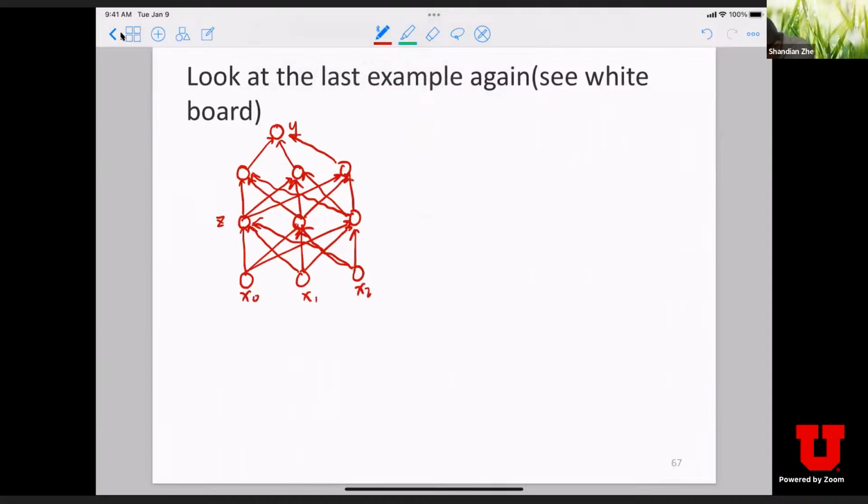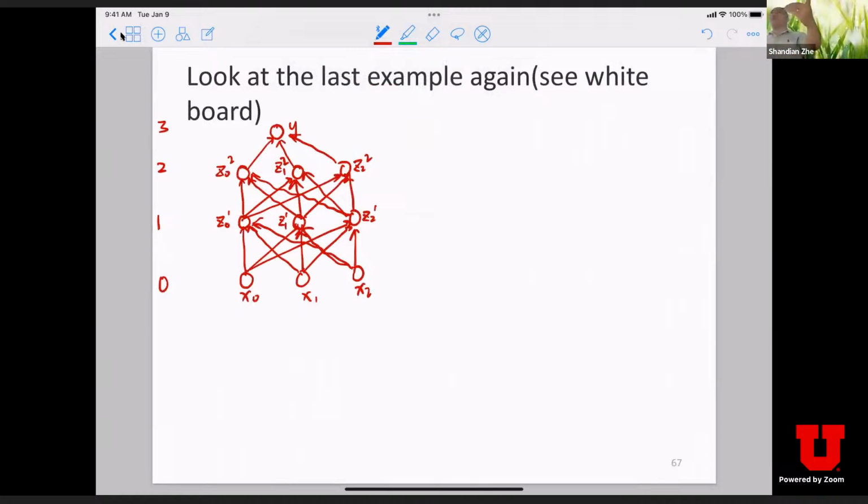Then the first layer, Z01, Z11, and Z21, and Z02, Z12, and Z22. Okay. So this is layer 0, the input layer, hidden layer 1, layer 2, and the output layer is layer 3.